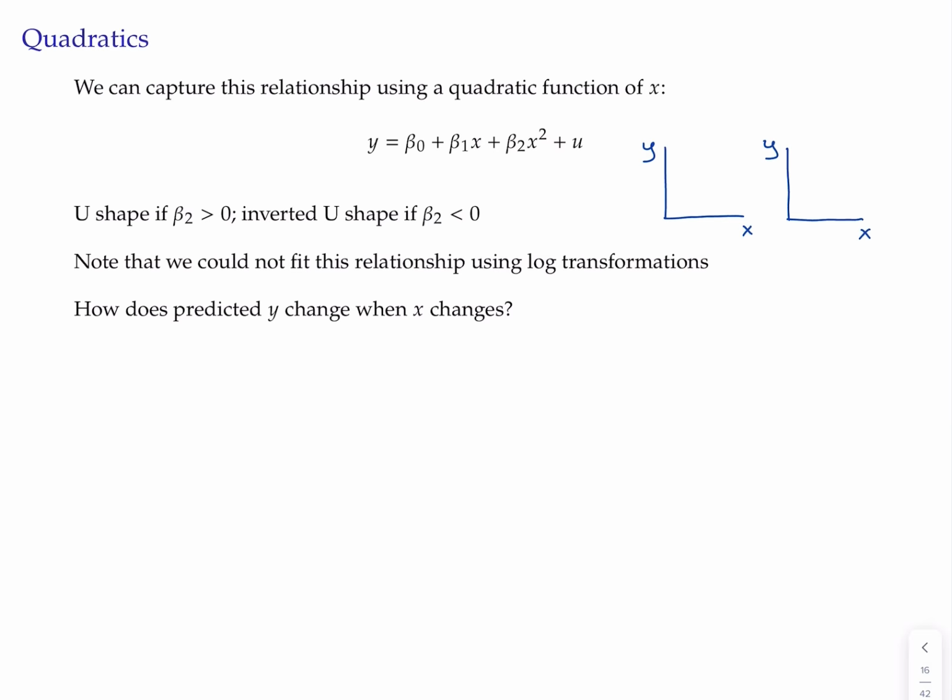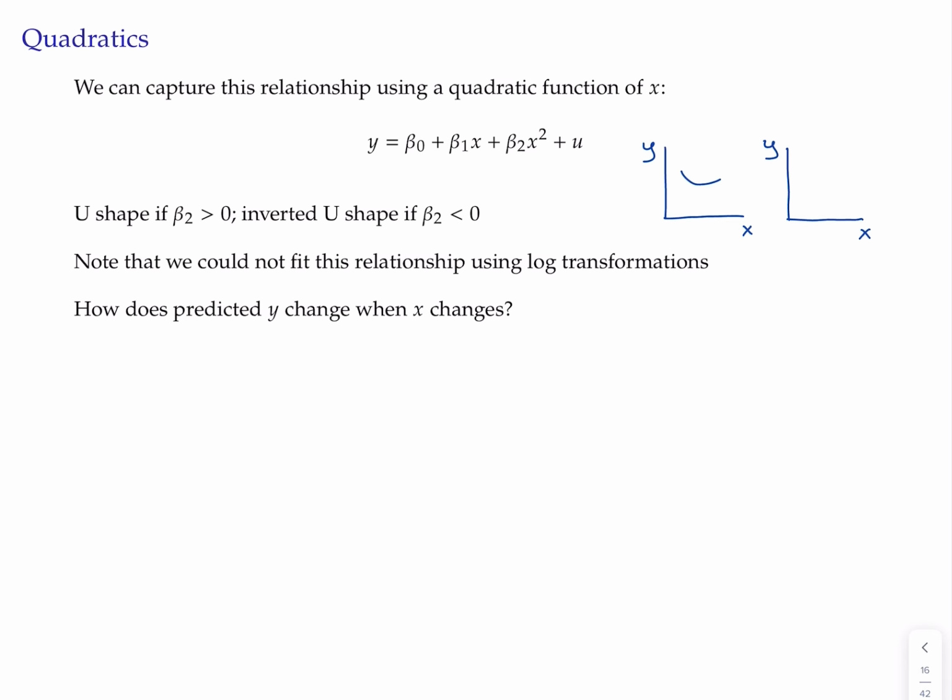In our regression, we can capture this by including both x and x squared as explanatory variables. Remember that linear regression is linear in the parameters, so the 3 betas here. That's still true. It doesn't necessarily have to be linear in the variables, all right? So this is a perfectly valid thing to do. The sign on beta 2 controls the overall shape of the regression fit, okay?